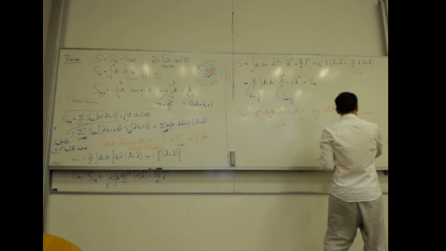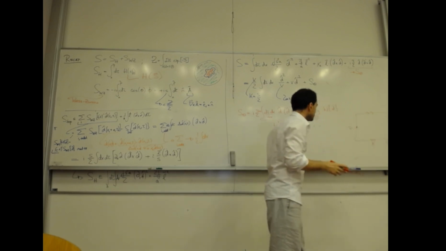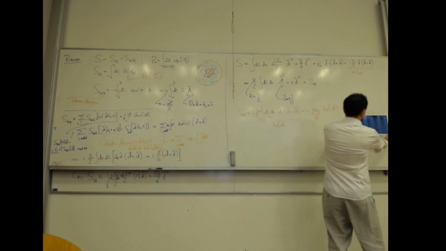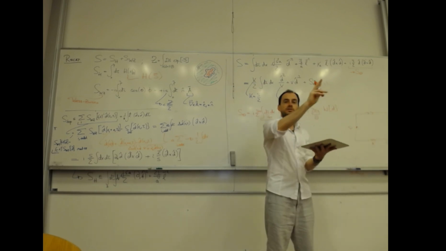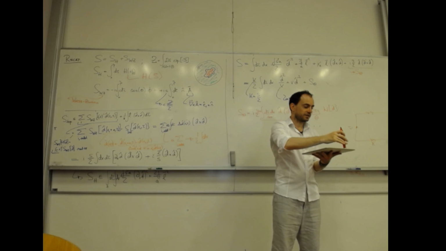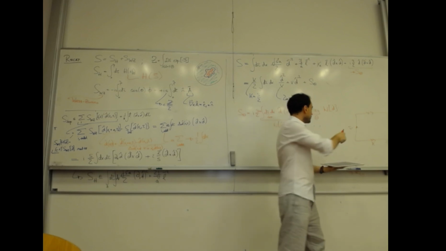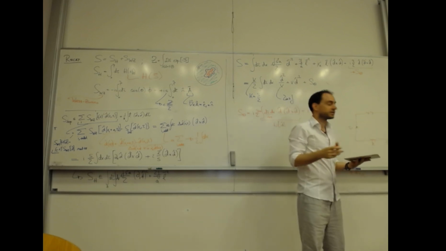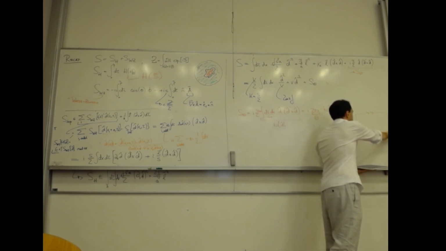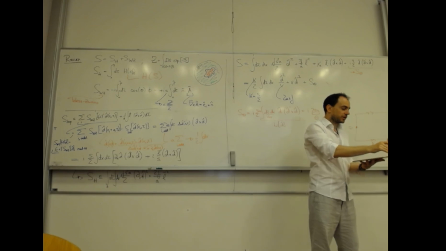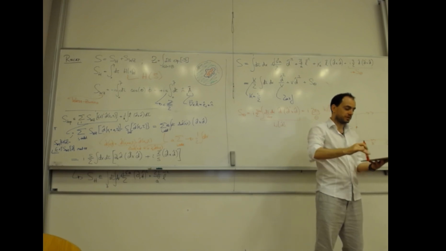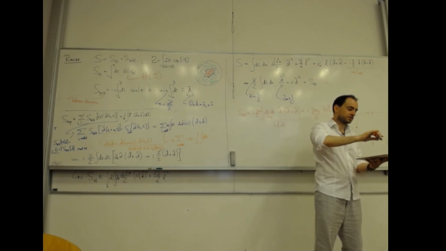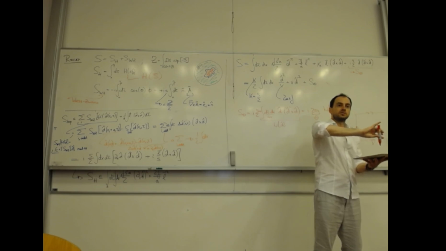And there are configurations which are topologically non-trivial. So this is my spacetime, and this is my spin. And let's say on the boundary, everything has to be the same, because the boundaries are identified. So then everywhere outside here, the spin points up, but there are configurations where this goes in. This is called a skyrmion.